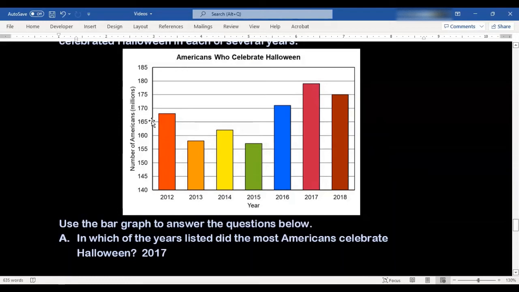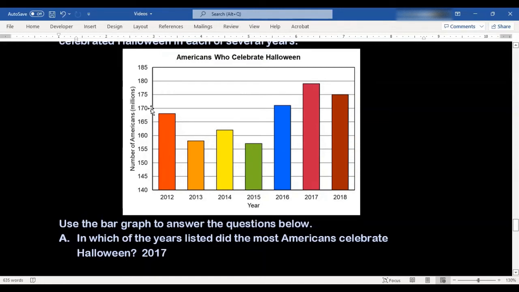What I like to do is imagine if I were counting from 165 to 170, where each of those numbers would fall. For example, if this is 165, then probably here would be 166, 167, 168, 169, and then 170.